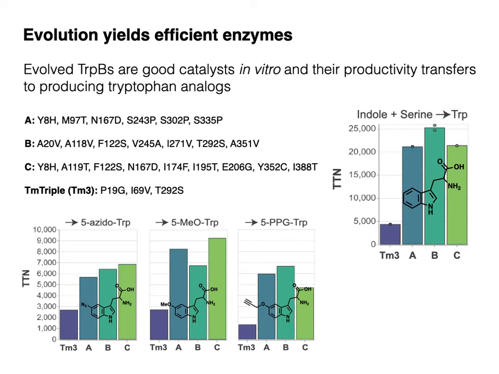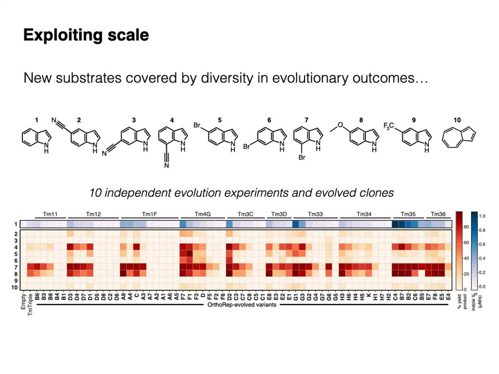At the beginning of the project, we were planning to do further evolution specifically for using unnatural indole analogs, by using biosensors for unnatural tryptophan as our selection. But because the promiscuous activity here was high, we decided to take a different approach to access new unnatural tryptophans.